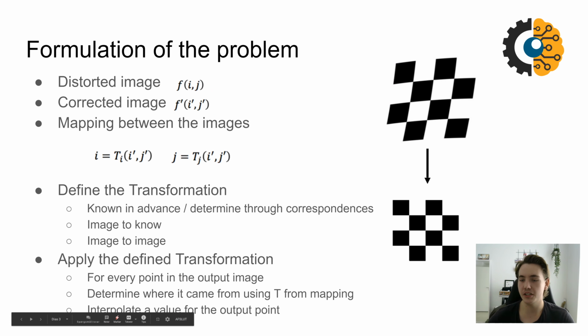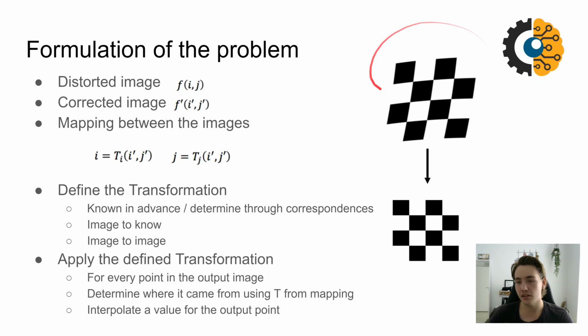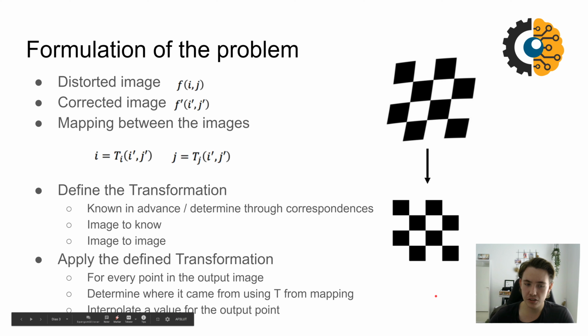To map between these two images, we have this formula where the transformation of the corrected image is the same as the distorted image, and then we can take the inverse transformation to map between the different images. We also need to define the transformation that we're going to use.